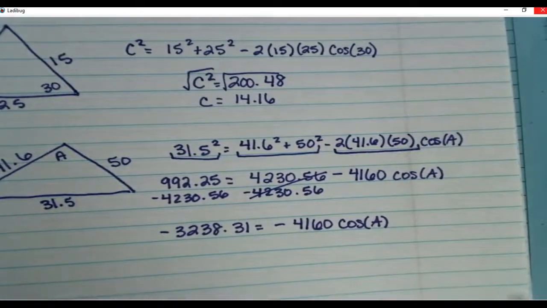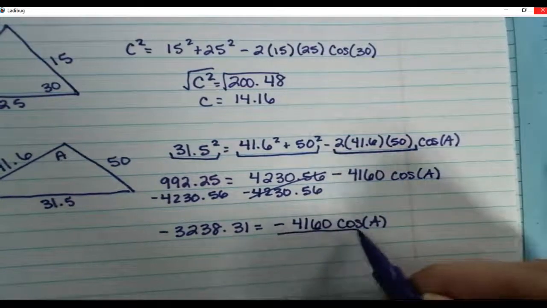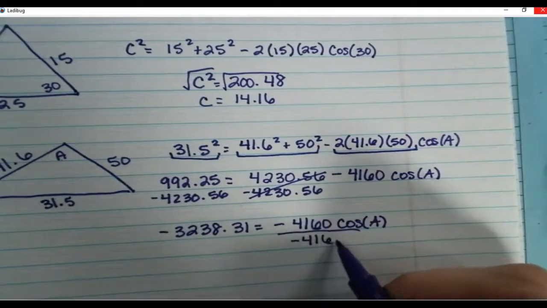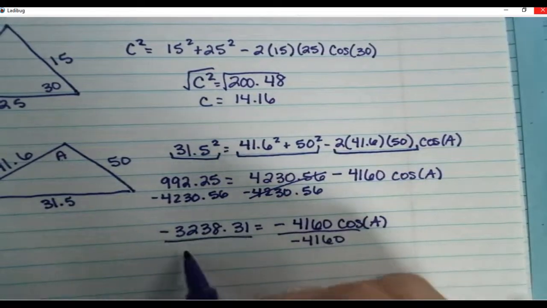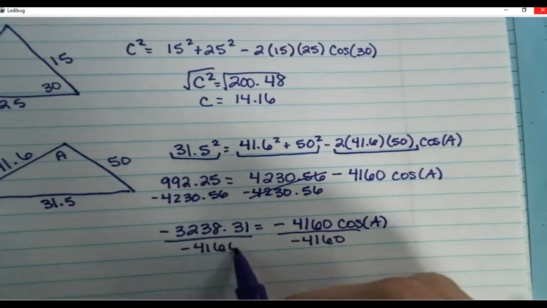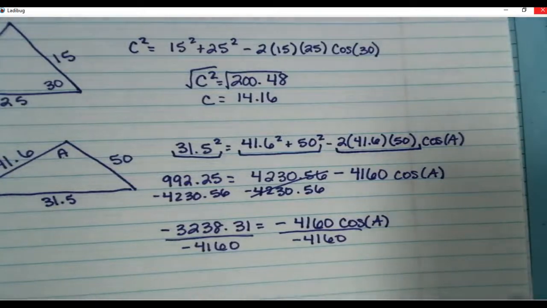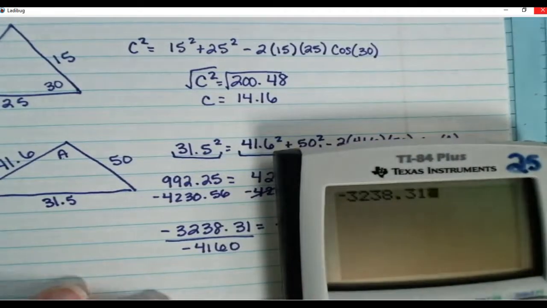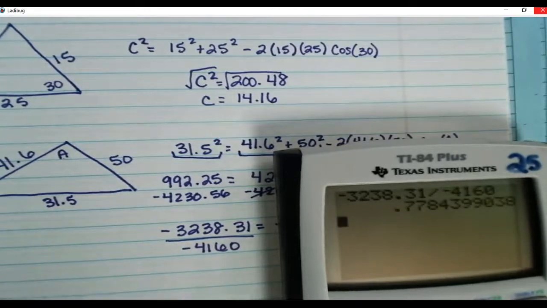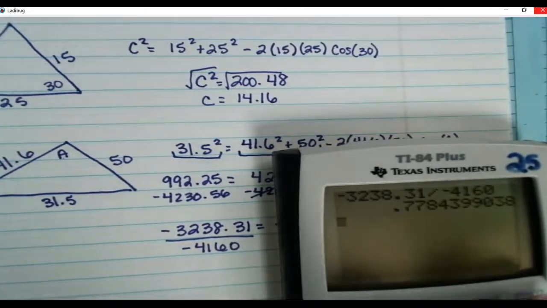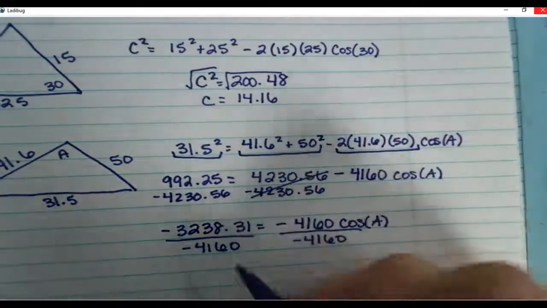So now, how can I move that negative 4160? Good. Divide it. So that gives us this decimal, 0.7784.